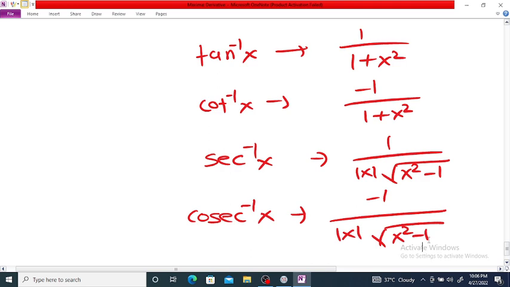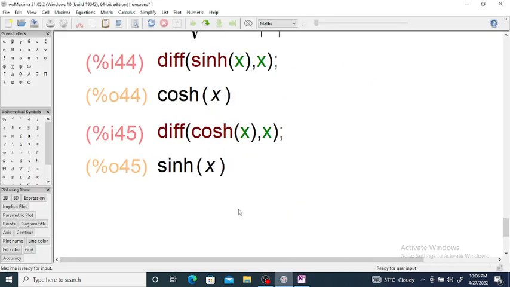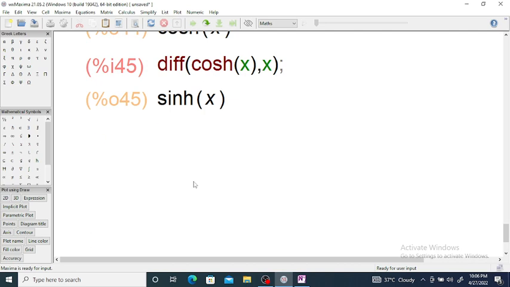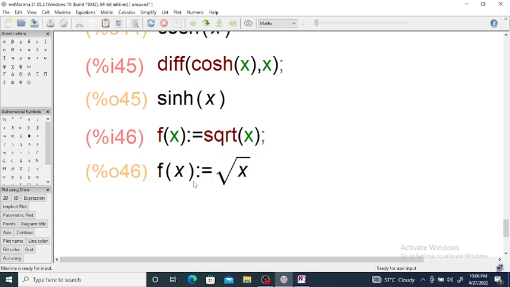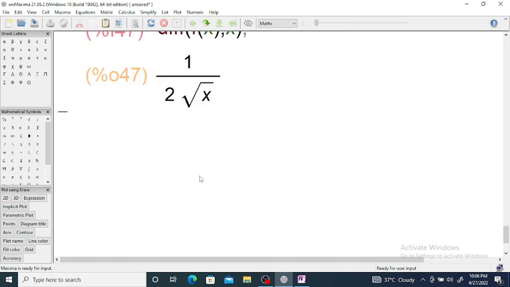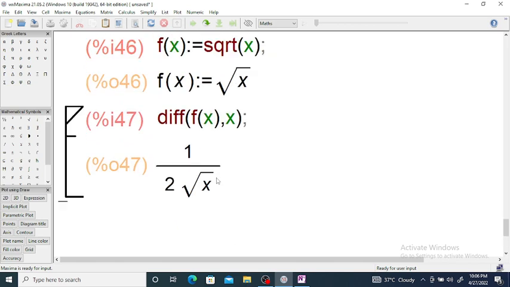Now there is one more function left. If f of x is equal to square root of x, then its derivative of f of x, independent variable is x, is equal to 1 divided by 2 root x.